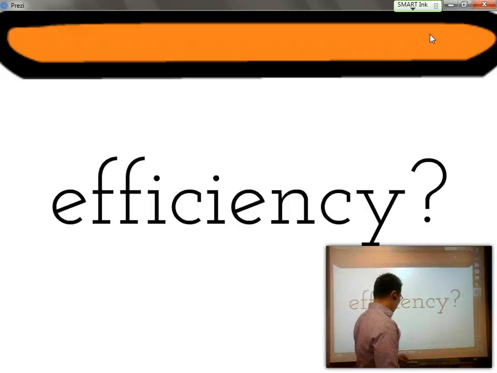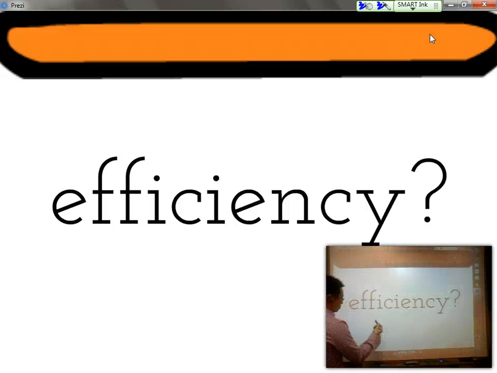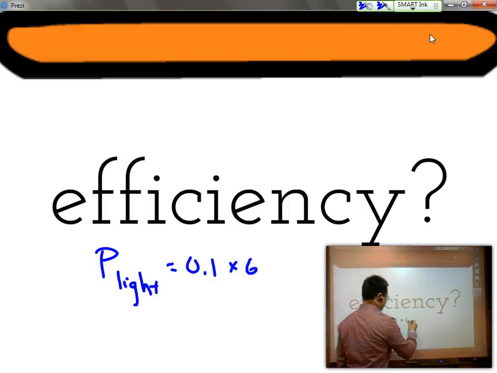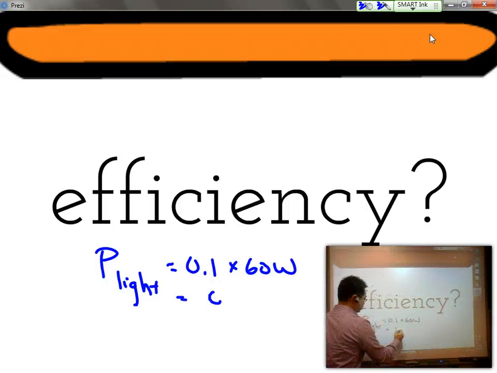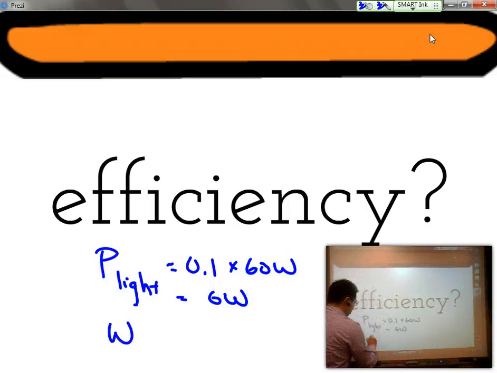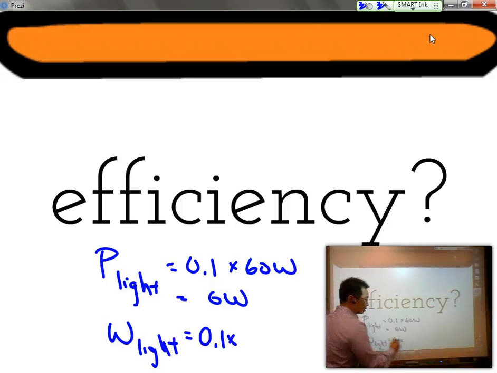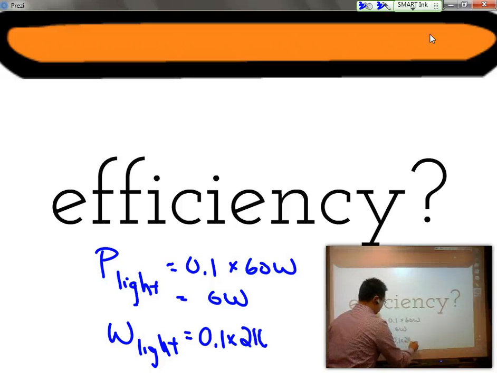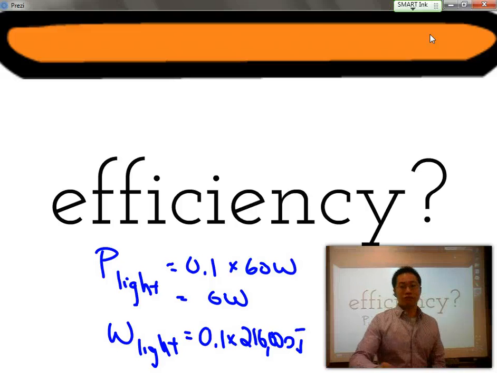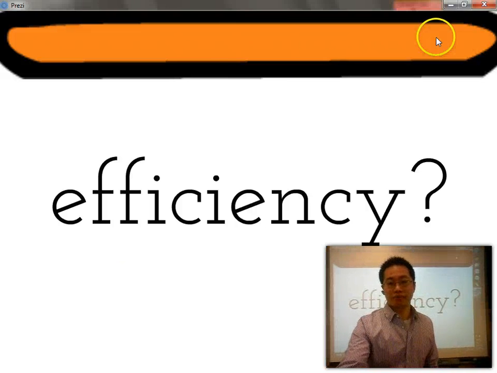Knowing the efficiency, we can calculate that the power used for actually light is equal to 0.1 times the power that we have found, the 60 watts, which would only equal 6 watts being used for light. Or the energy being used for light would have been 0.1 times 216,000 joules. Okay, so it's very, very inefficient.